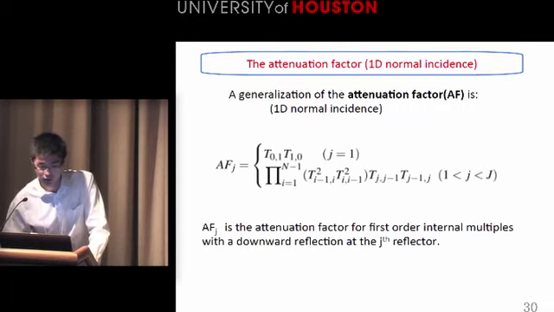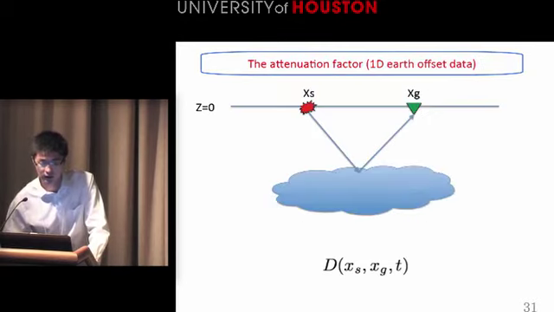And then we'll derive the attenuation factor in a 1D Earth with offset data. We have discussed the attenuation factor in the 1D normal incidence case. Now let's consider a 2D world, which is XZ.